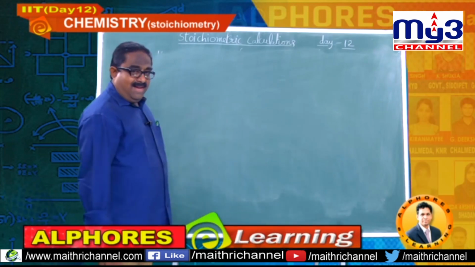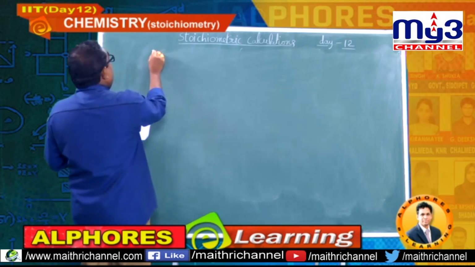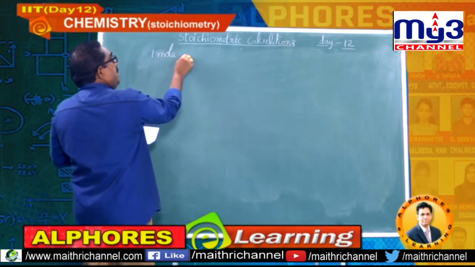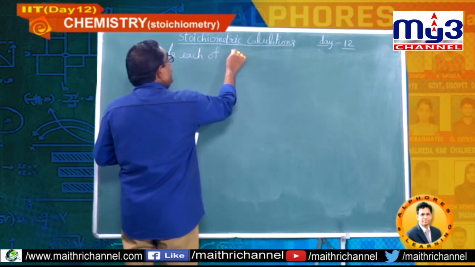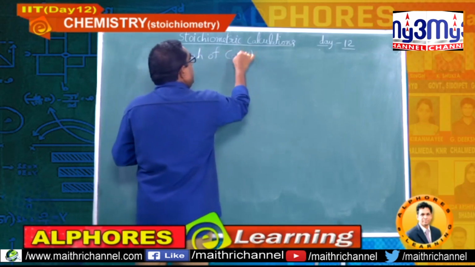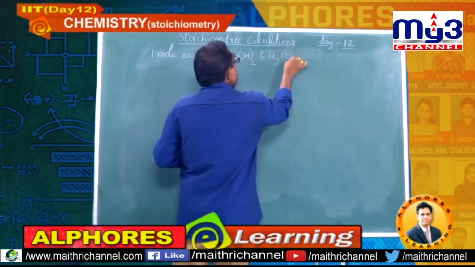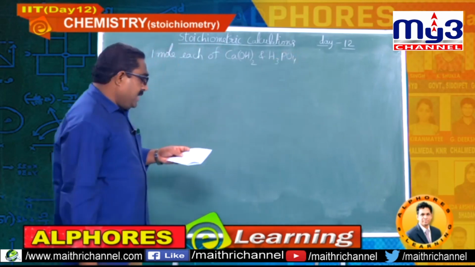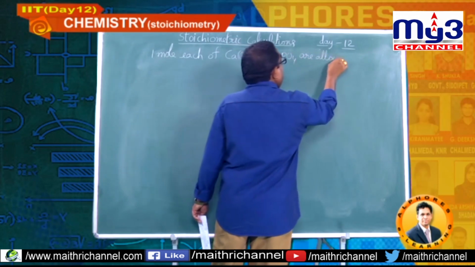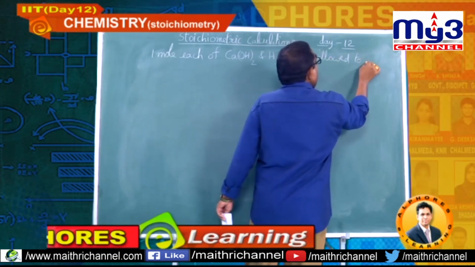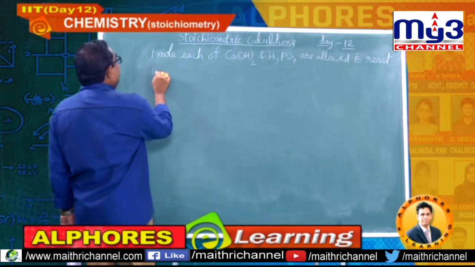Let us go for the next numerical. Write down along with me. 1 mole each of calcium hydroxide and phosphoric acid, H3PO4, are allowed to react under dilute conditions.